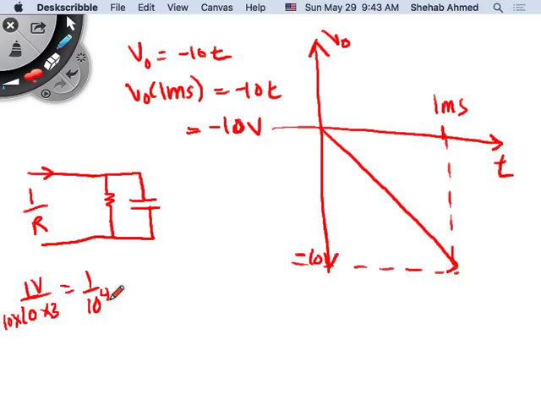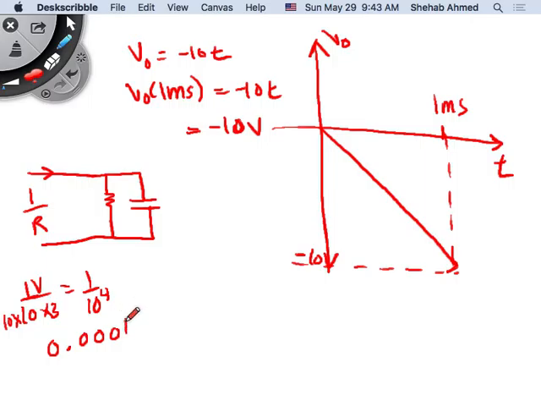It goes up as what? 0.0001. Four zeros? No, 3 zeros, milli.